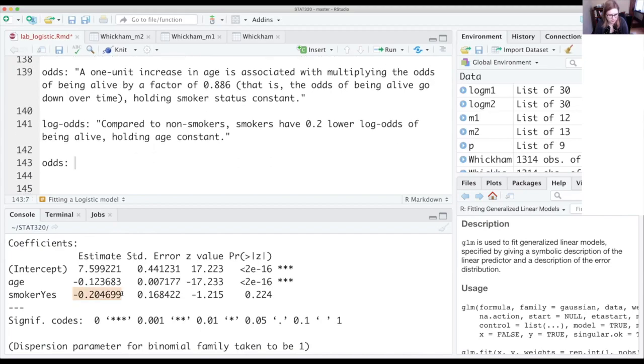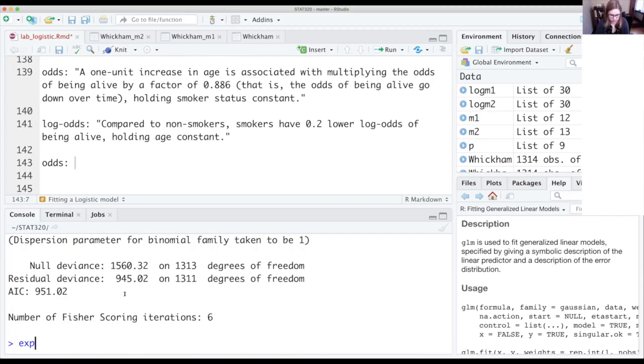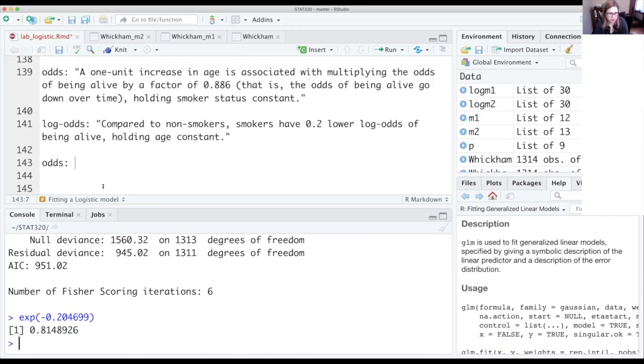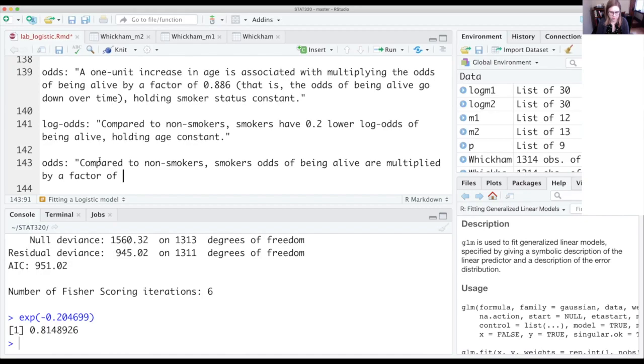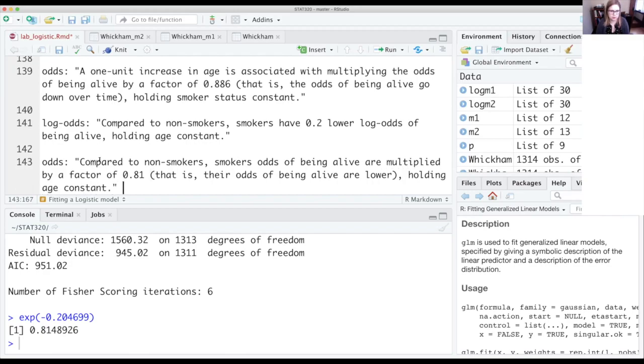And then we'd need to exponentiate this number to know what it is in the odds space. So then I could say, compared to non-smokers, smokers' odds of being alive are multiplied by a factor of 0.81. That is, their odds of being alive are lower, and this is holding age constant.